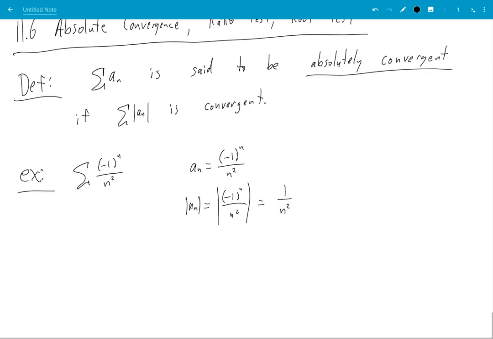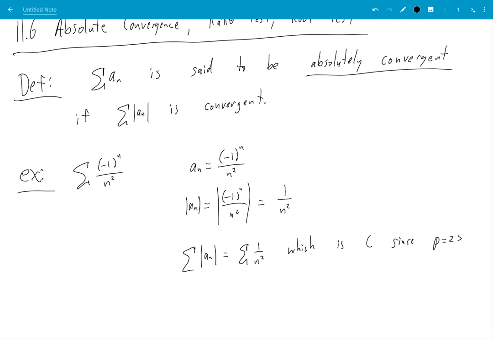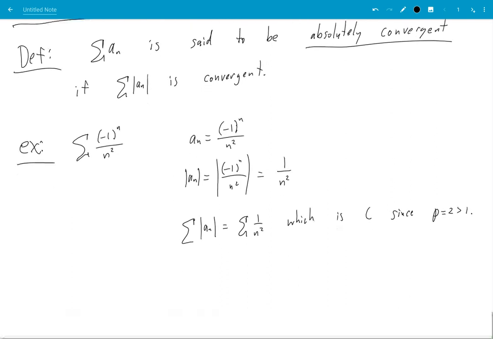So the summation of the absolute values is just the summation of 1 over n squared, which is convergent, going back to our p-test, since p is equal to 2, which is bigger than 1.